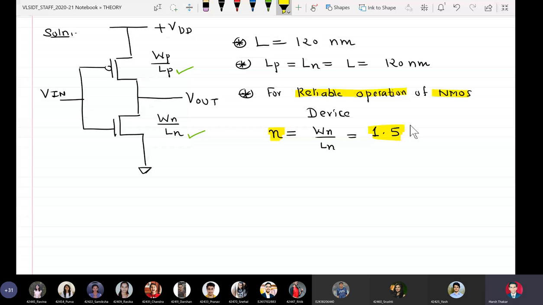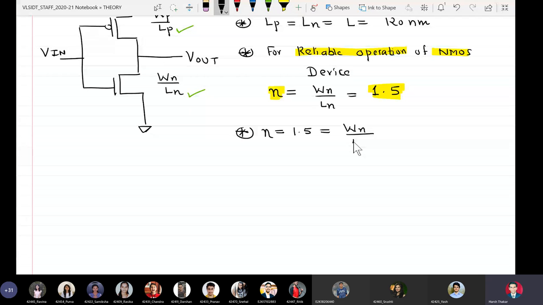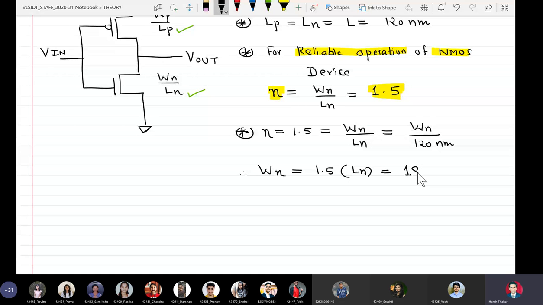Okay, so N equal to 1.5 equal to Wn by Ln, and you know that Ln is equal to 120 nanometers. Therefore, Wn, the width of NMOS, is 1.5 times Ln, which comes out to be 180 nanometers, right?